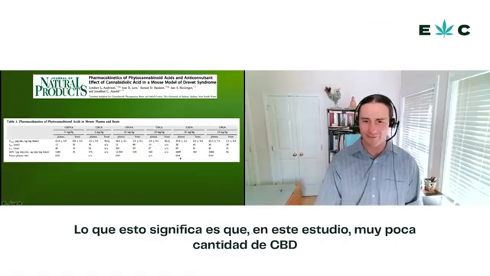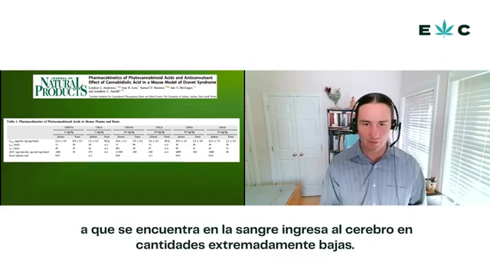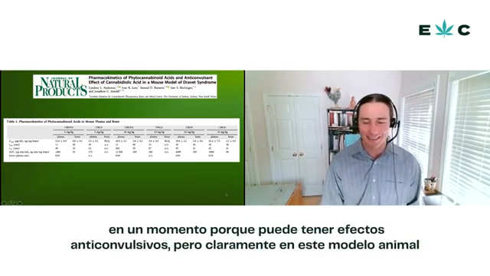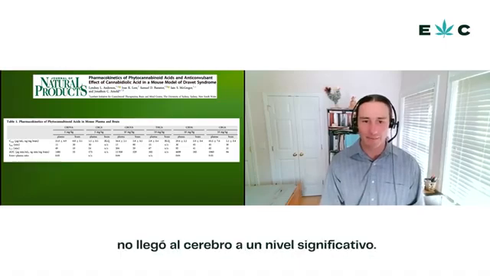What this means is that very little of the CBDA that's in the blood is getting into the brain, extremely low amounts. This study also was unable to detect any THCA getting into the brain, something we're going to come back to in a little bit, because THCA can have anticonvulsant effects, but clearly in this animal model, it didn't make it into the brain at a significant level.